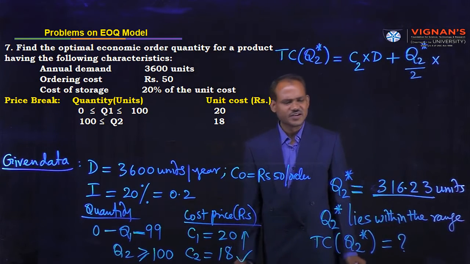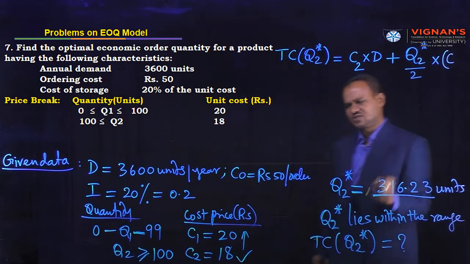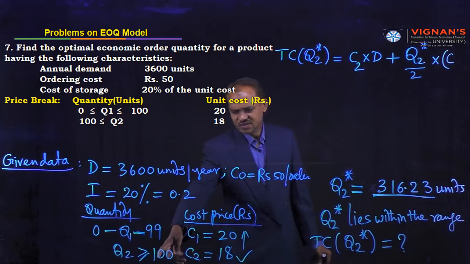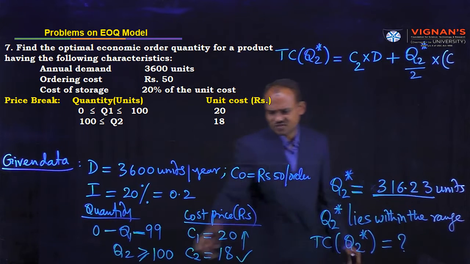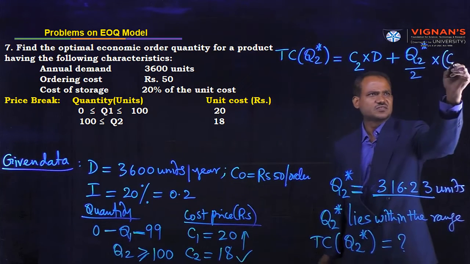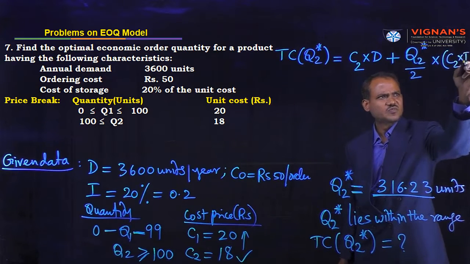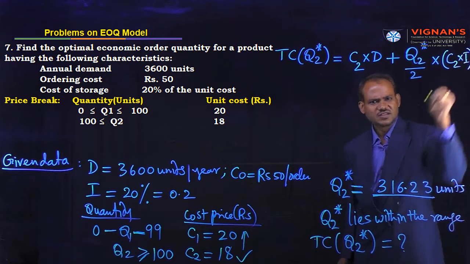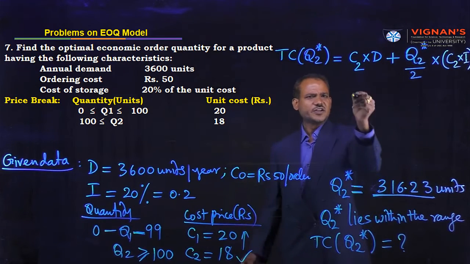CC means C into I. Which C? Which cost? Because this 316.23 range is 18 rupees. So 18 means C2 into I. I is the same. Okay, this is the carrying cost.